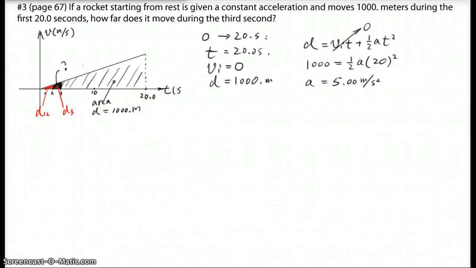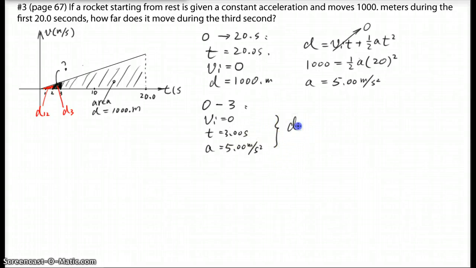If we look at the time period from 0 to 3 seconds, we know the initial velocity equals 0, t equals 3.00 seconds, and acceleration, of course, is 5.00 meters per second squared, which we found out earlier. So we can find out from the information here that D1,2,3, I should just say, that means the first 3 seconds.